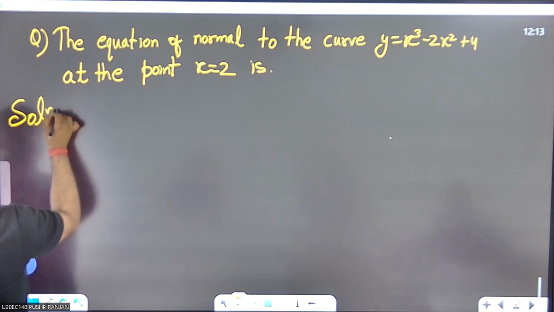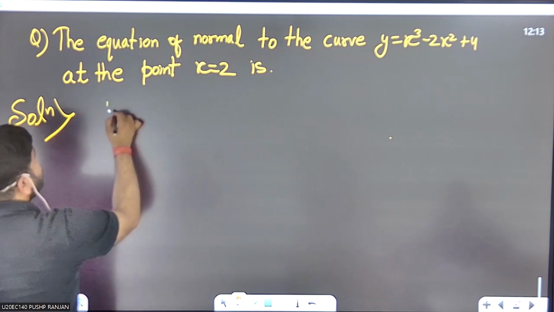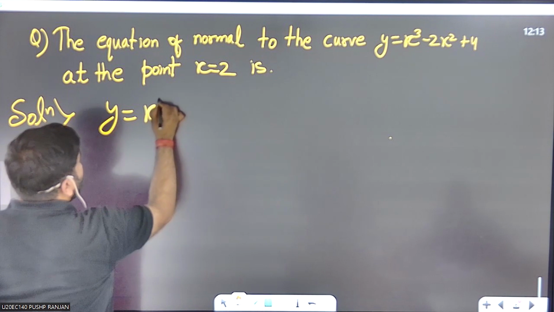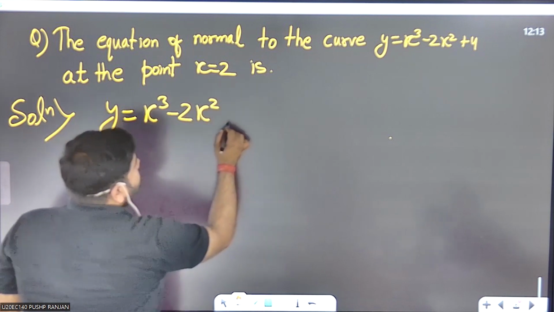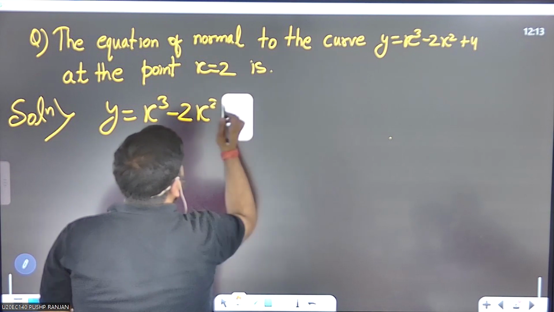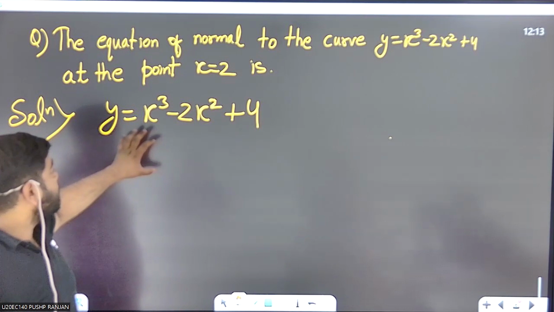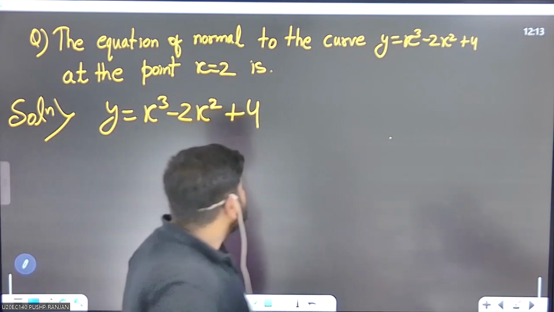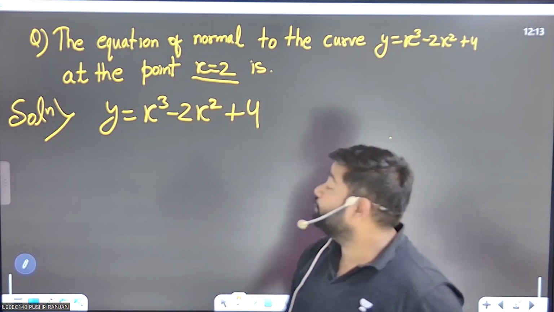Solution: the curve given is y equals x cube minus 2x square plus 4. This curve has been given to us, and we are also given the point x equals 2.